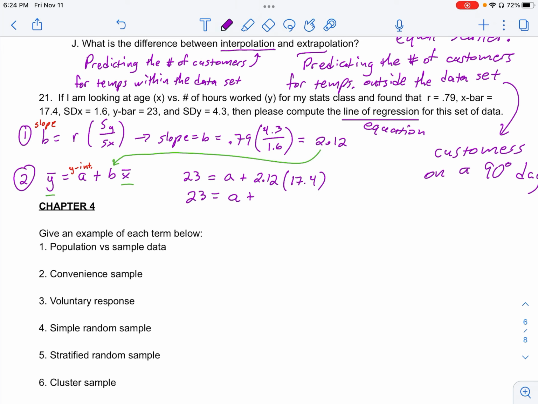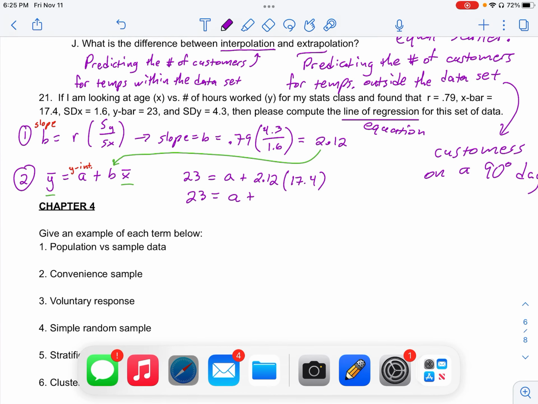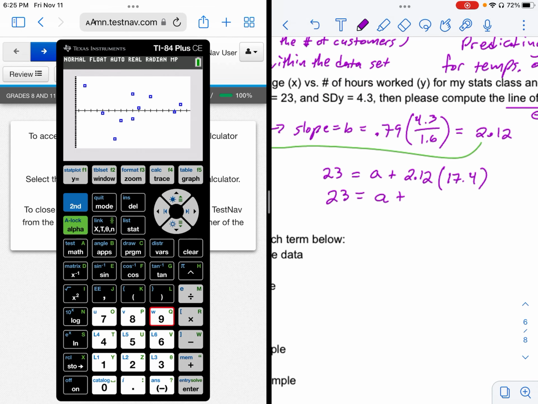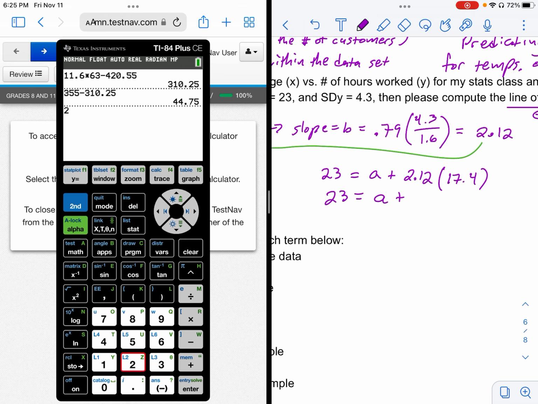So then I got 23 equals A plus what? Well, let's just get that number. What is 2.12 times 17.4? 36.888.